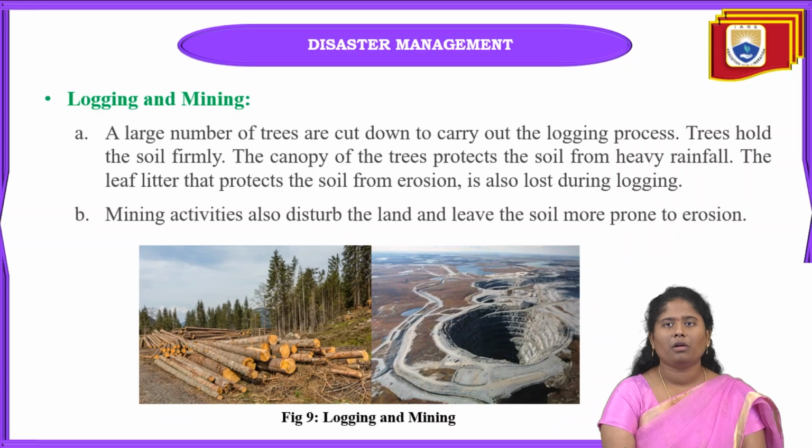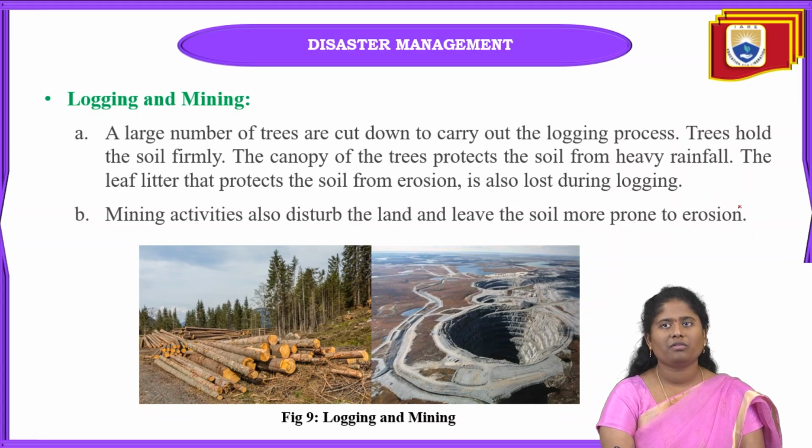The next one is logging and also mining. For the mining process or the logging process, we are going to cut a number of trees. Logging comes from what? From the trees only.